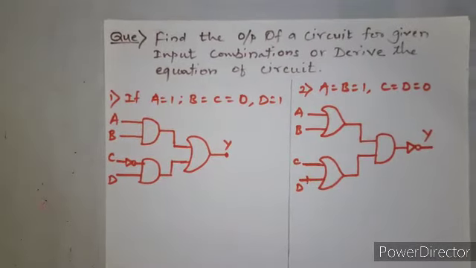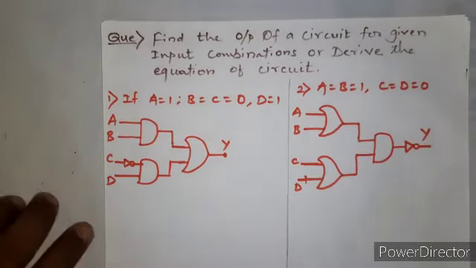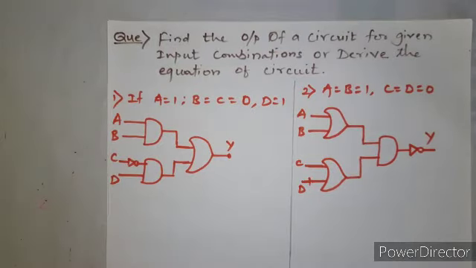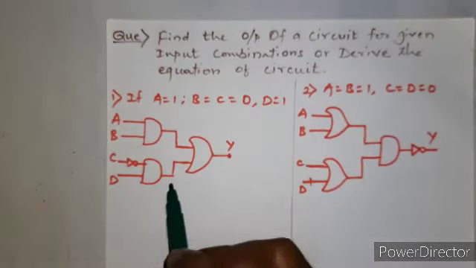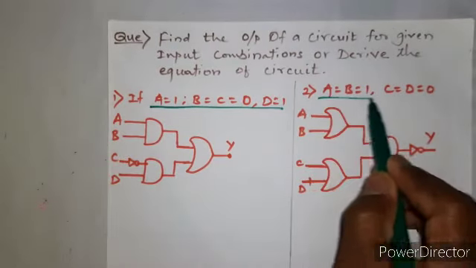Okay, so this is another kind of question you can encounter in competitive exams, just to test your knowledge or your logic, right? You are supposed to find the output of the given circuit where certain input conditions are given.